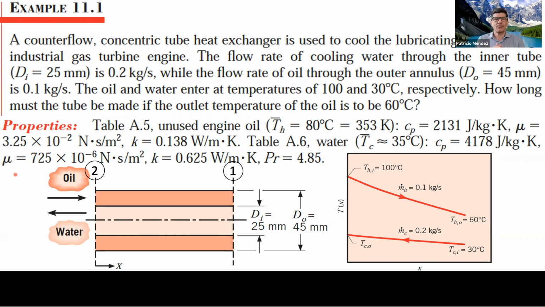This is a counterflow concentric tube heat exchanger, like the first example I showed. It is not a very common one, but they are commercial and it's easy to calculate in this case, so let's start with this. Past exams have more difficult heat exchangers. Your assignment has a more difficult heat exchanger. So please take a look at those.